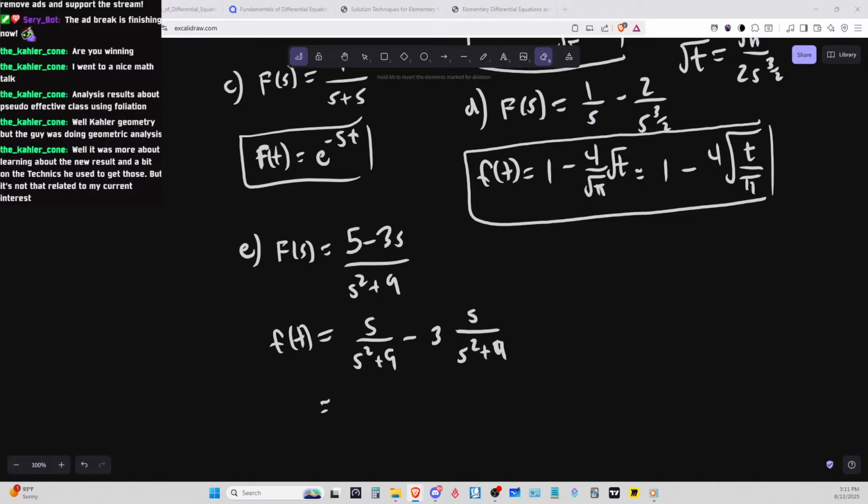Or unless we have to figure out a way to manipulate it in some way in order for it to be a term that we recognize.